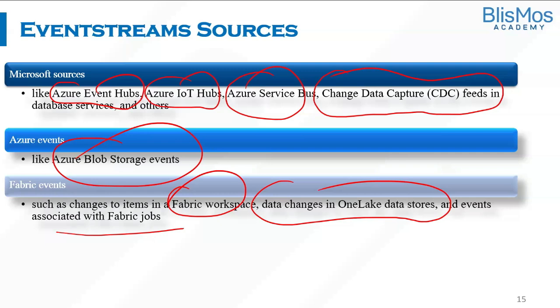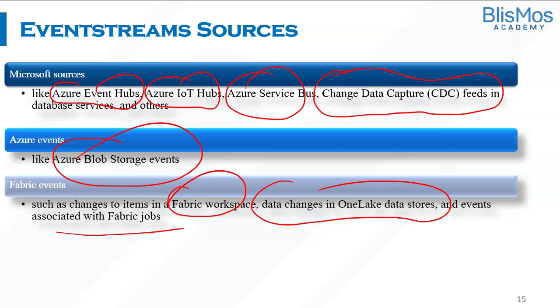All the components I have listed here are, for example, event hubs. As the name suggests, event hubs means there are different event hubs. Azure IoT Hubs means the data is coming from different IoT devices.